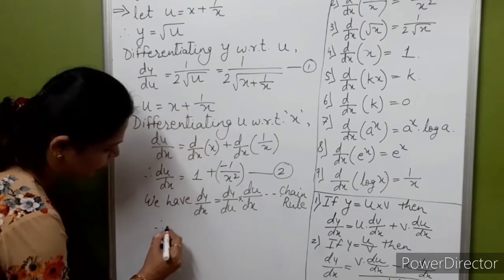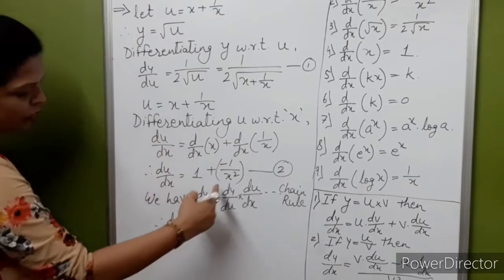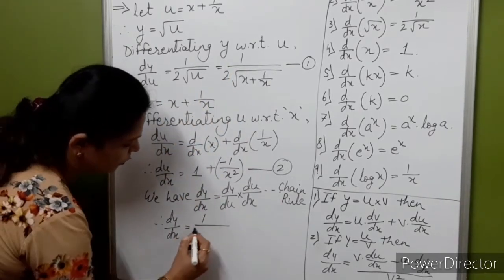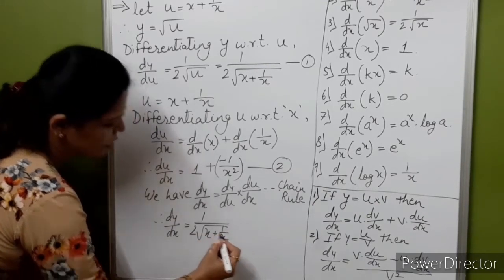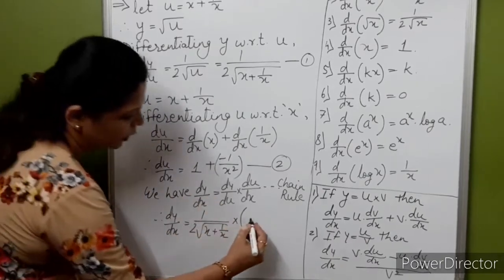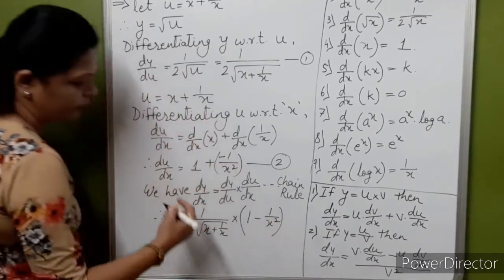So, now substitute. Therefore, dy by dx is equal to, first dy by du, what we have got: 1 upon 2 under root x plus 1 upon x, into this one: 1 minus 1 upon x square.